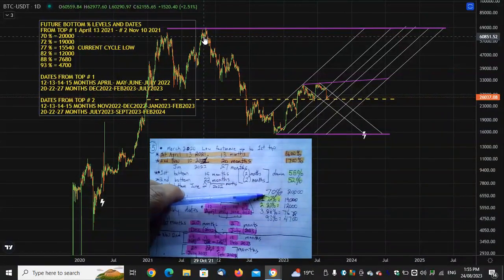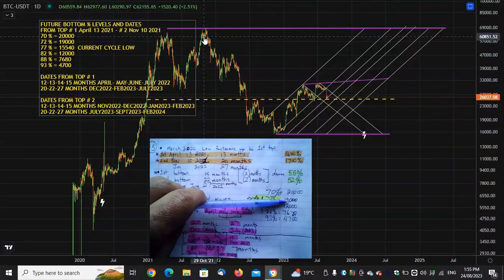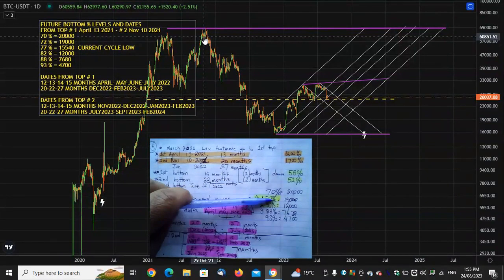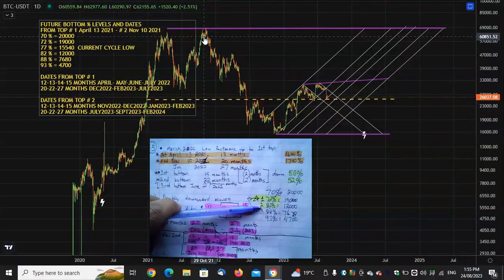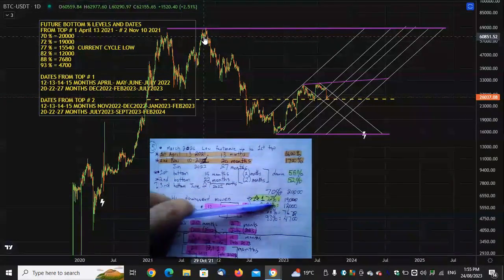So our average pullback here, which we came down, we've already done 19,000. We've already touched 19,000 twice. The average for these moves that we should be coming back, we haven't done it quite yet, is 82%, 88%. We haven't seen this pull back to 8,000 yet, but we've come close.